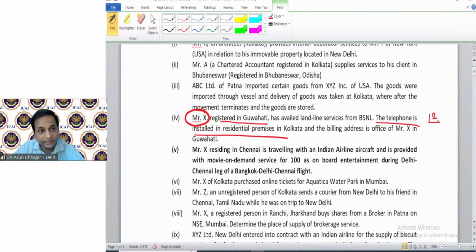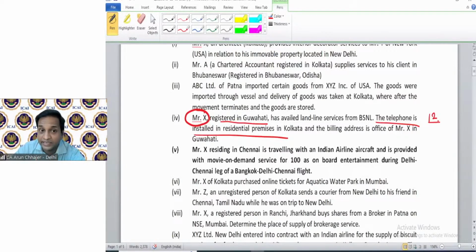In section 12, there is a specific provision for telecommunication lease line services, which says that if it is a fixed landline installed at some premises, then the place of supply would be the location of installation.